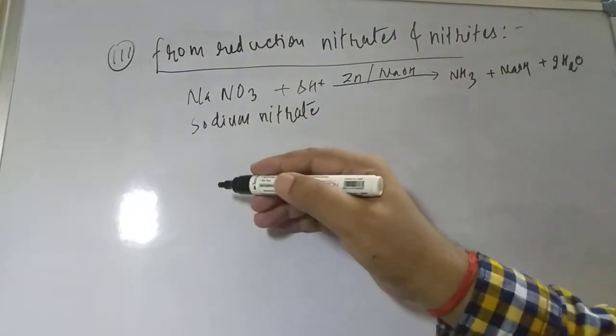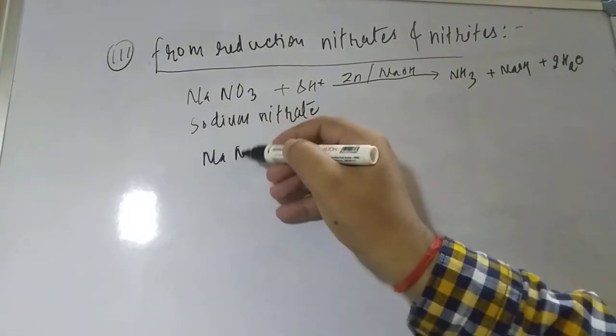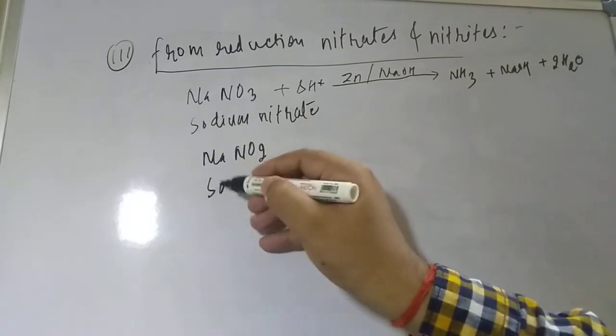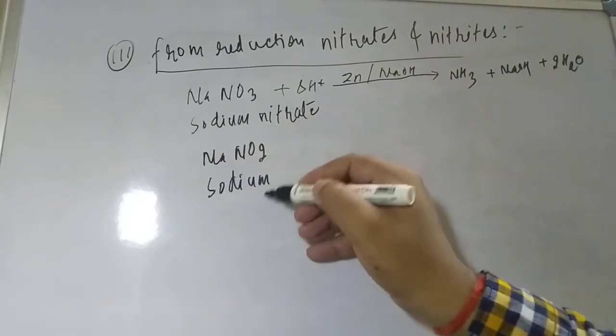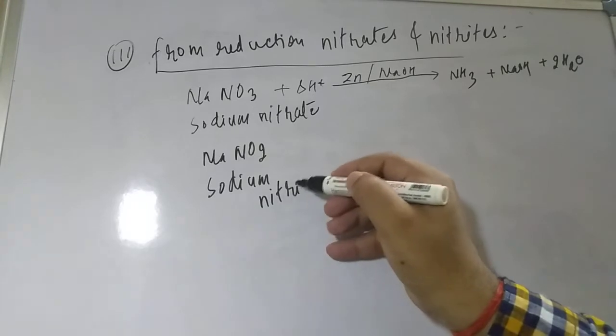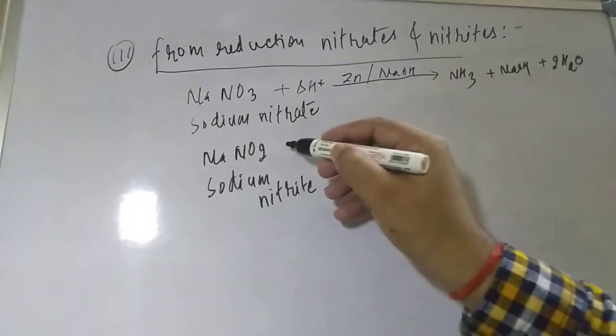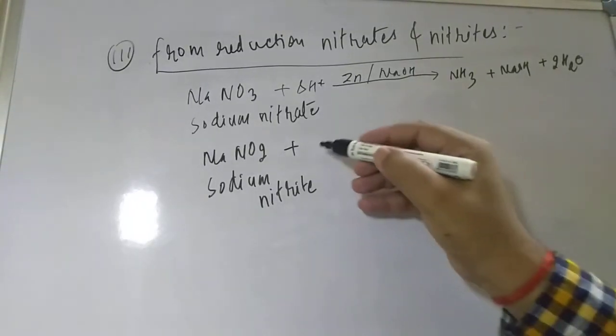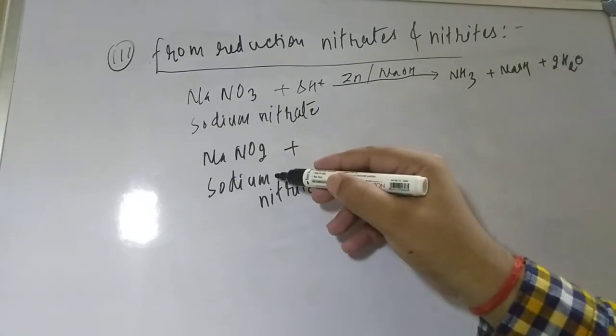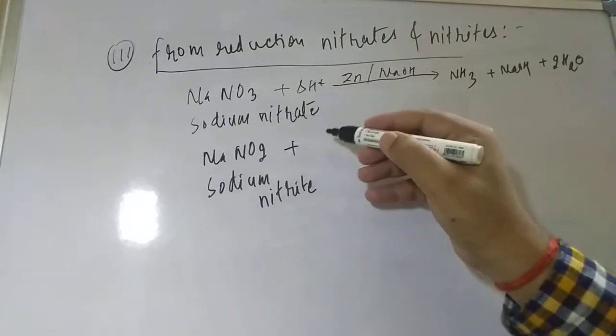And from nitrite, how can we prepare it? Suppose I have NaNO2, which is sodium nitrite. If there is one less oxygen, it becomes nitrite; if there are 3, it is nitrate.